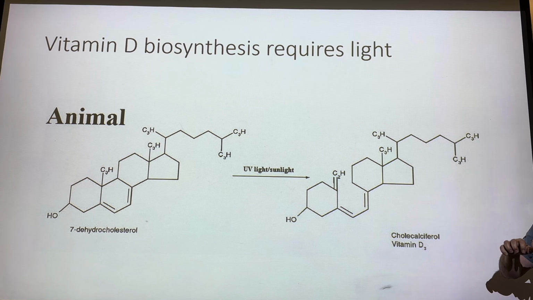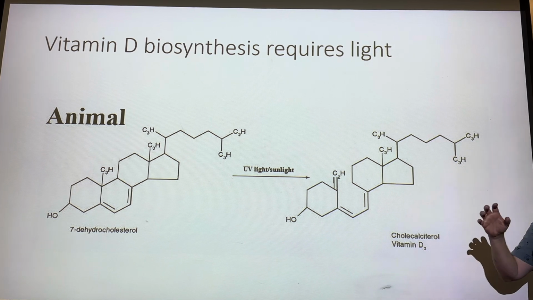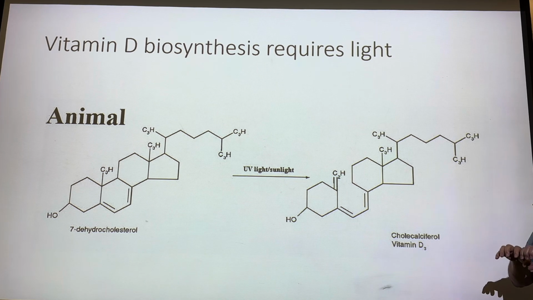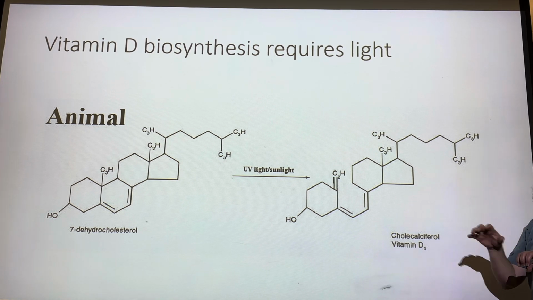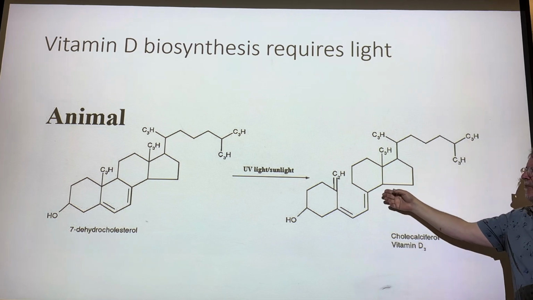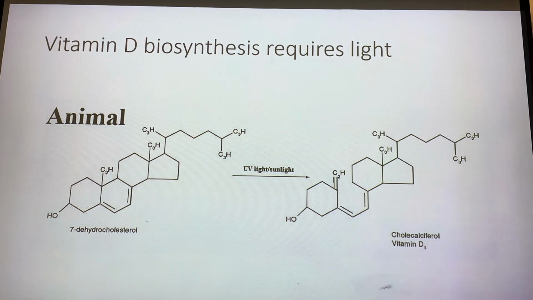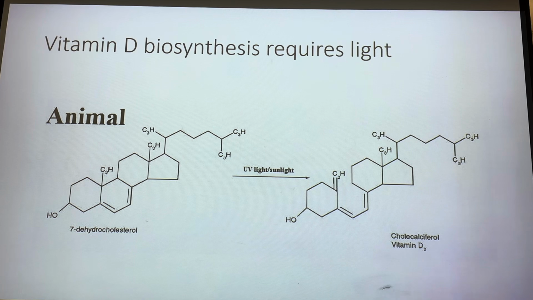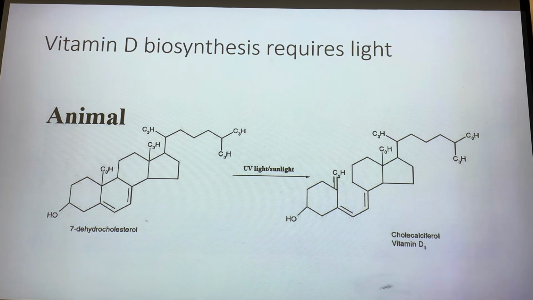But the idea is that if you have human populations in equatorial regions with high solar flux, the potential damage of UV light to folate outweighs the need. You still basically get enough UV light to have vitamin D biosynthesis. But if you didn't have the melanin, you'd have too much and it would break down the folates.